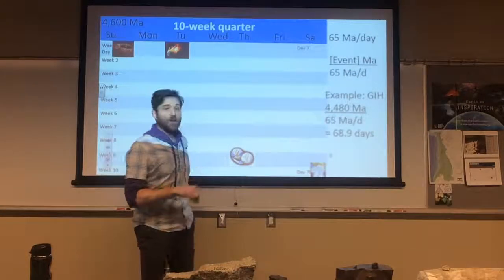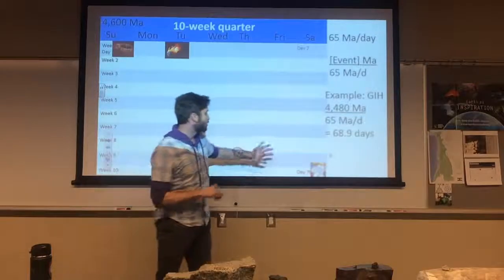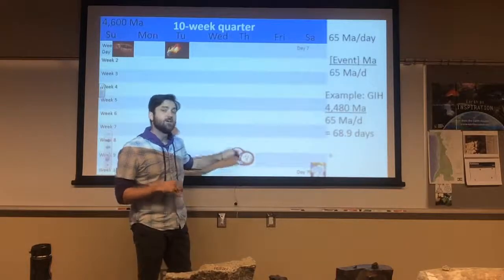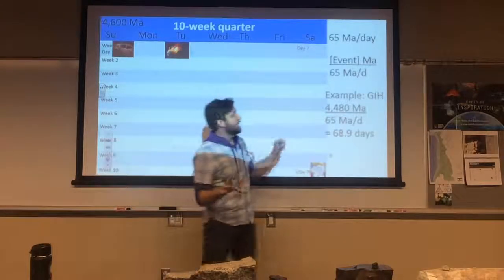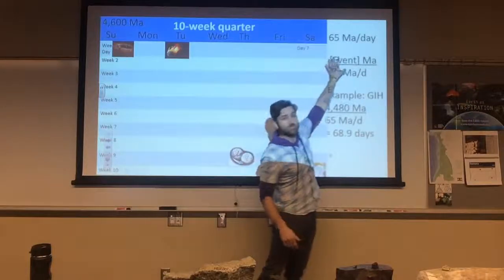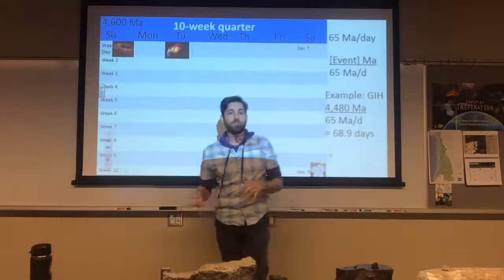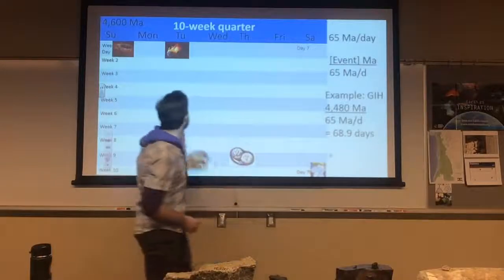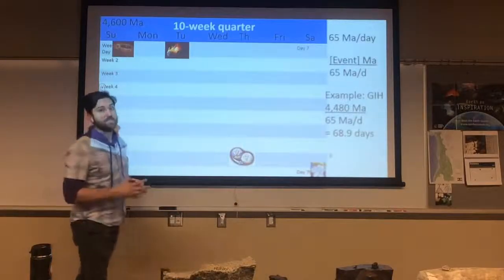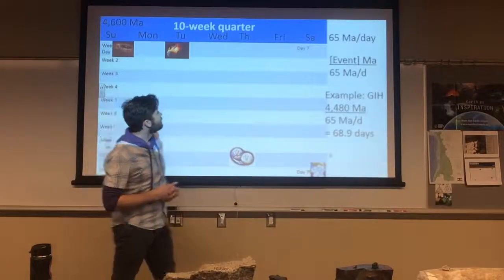So to calculate where to put your event on this time scale, each day is roughly about 65 million years per day, to get up to a total of 4,600 million years.